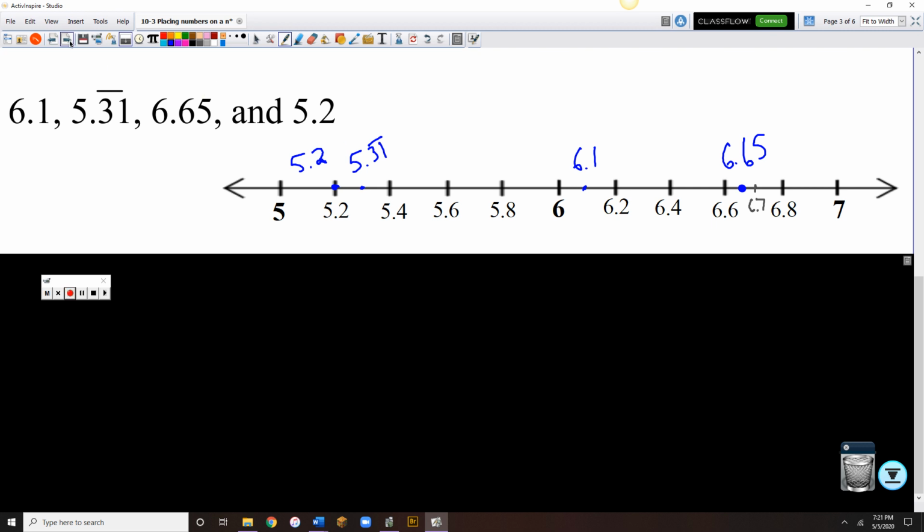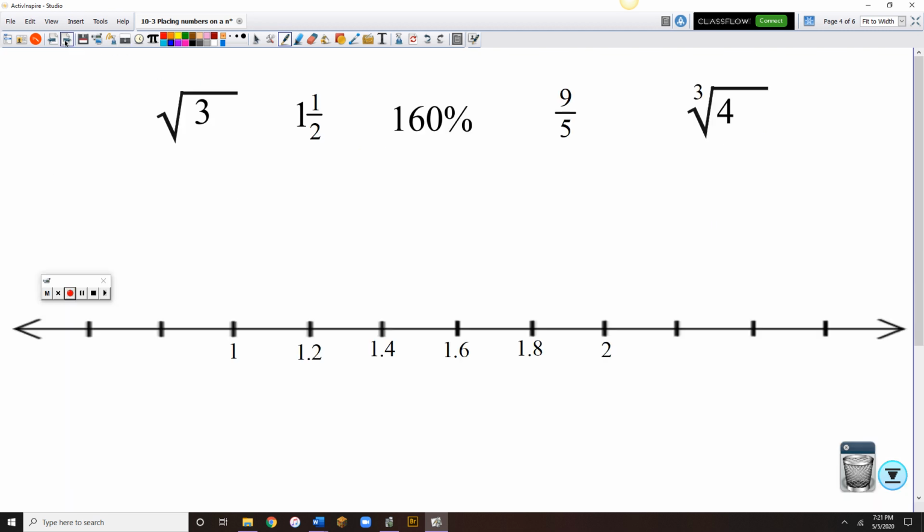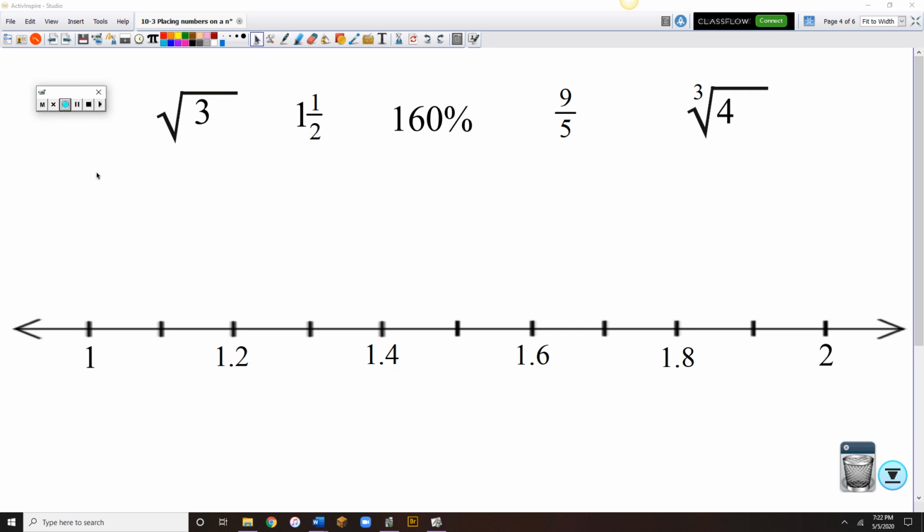Okay, so the next level of difficulty is when everything's not a decimal to start with. When everything's not a decimal to start with, we need to change things into decimals.